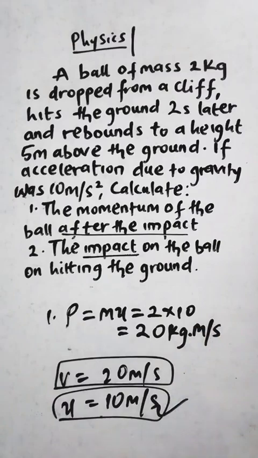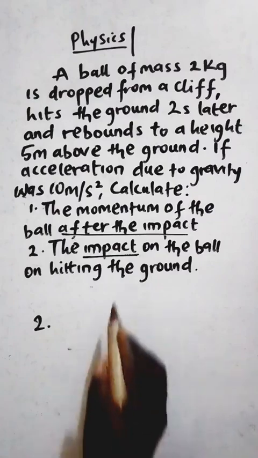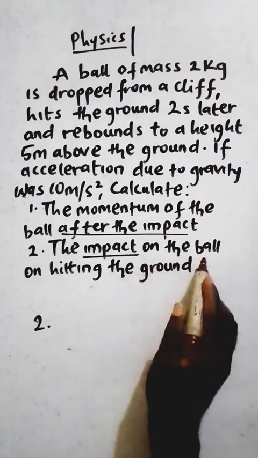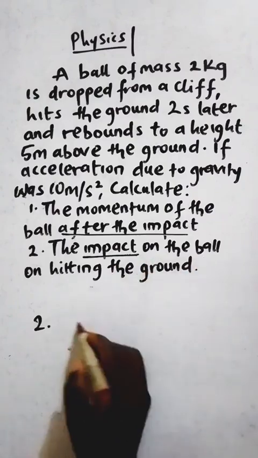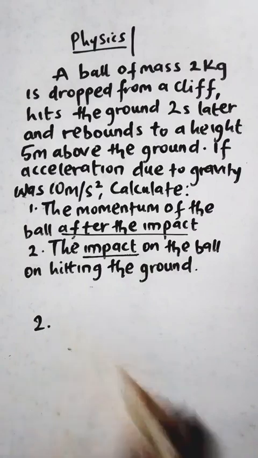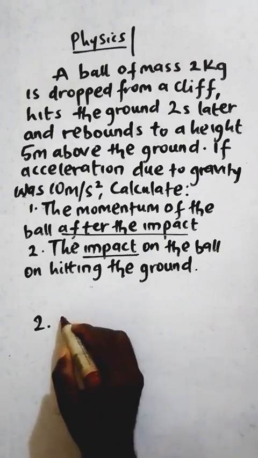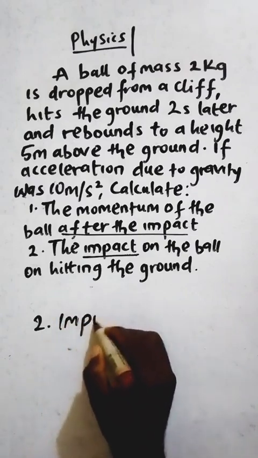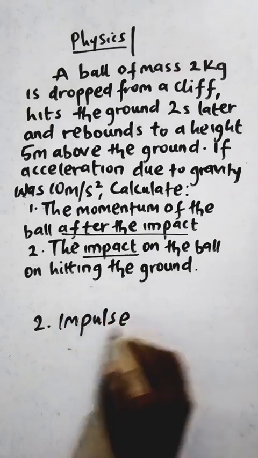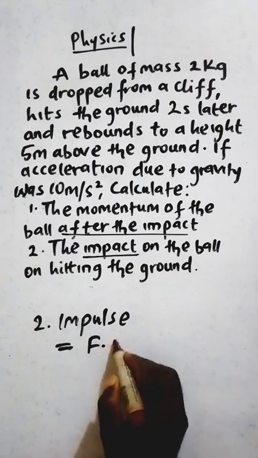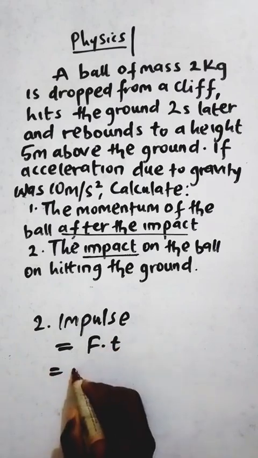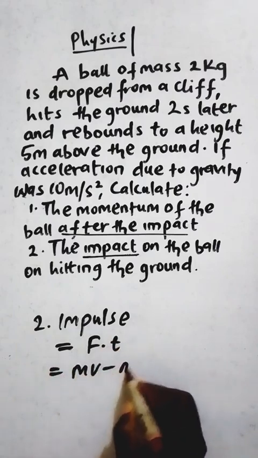Second question, the impact on the ball on hitting the ground. Here we're dealing with the impulse. Impact here means impulse. Now, impulse has two formulas: force times time. Impulse also means change in velocity.